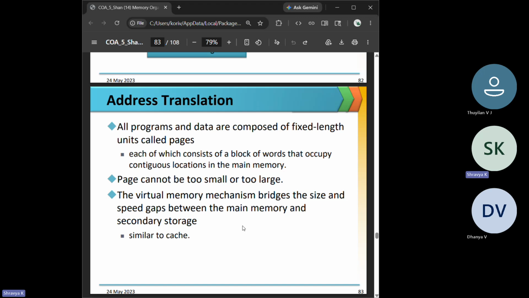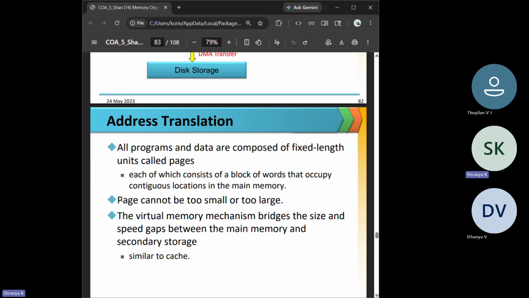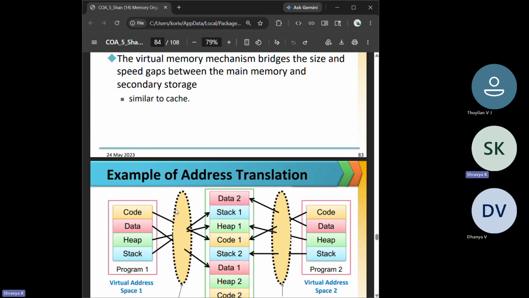Similarly, the virtual memory will bring the data from the secondary storage to the main memory as required, right? Previously we were thinking of blocks or lines, and now we are going to be talking about pages.